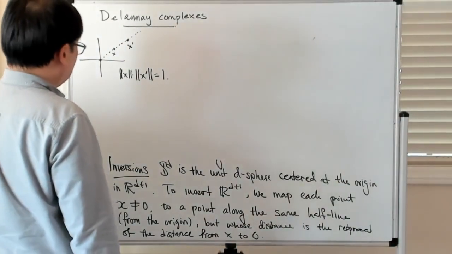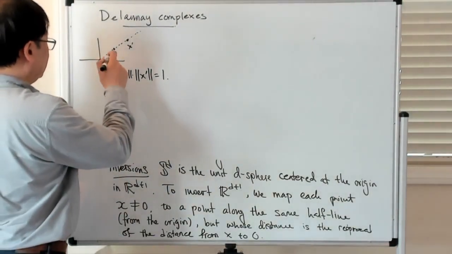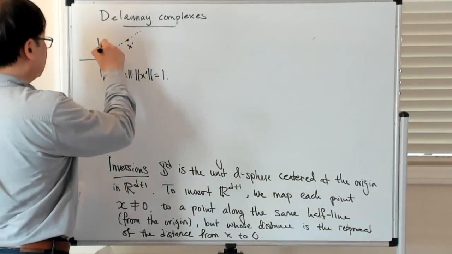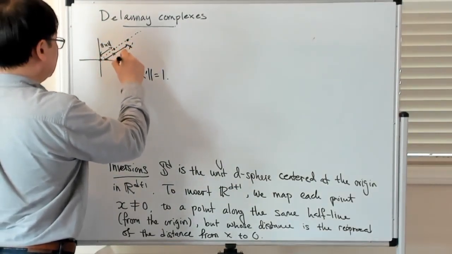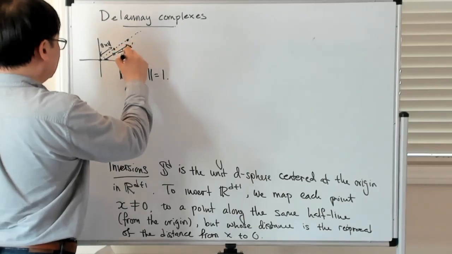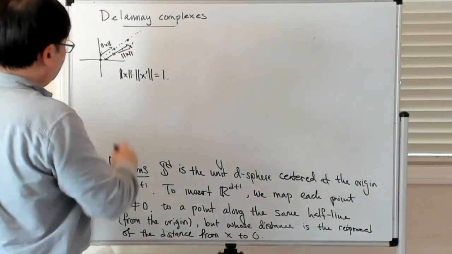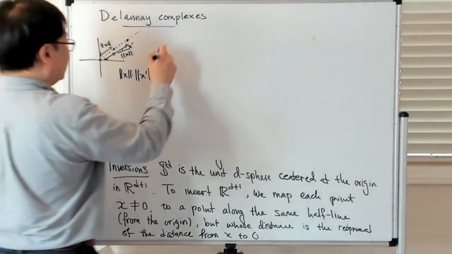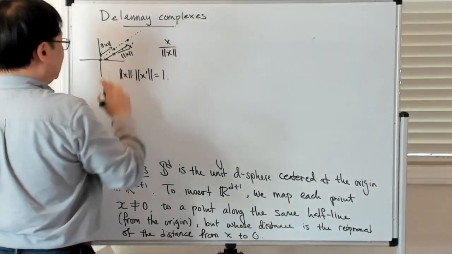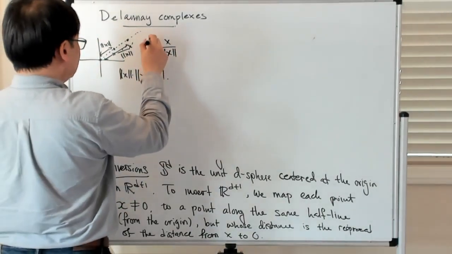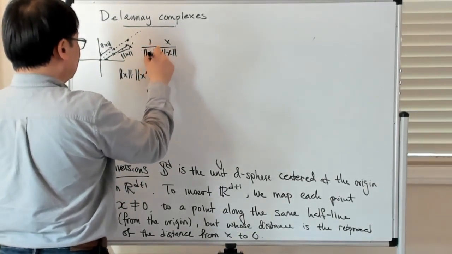How do you do that? If this is distance norm of x, then this thing is distance 1 over the norm of x. The unit vector is x divided by the norm of x, and you multiply it by 1 over the norm of x.